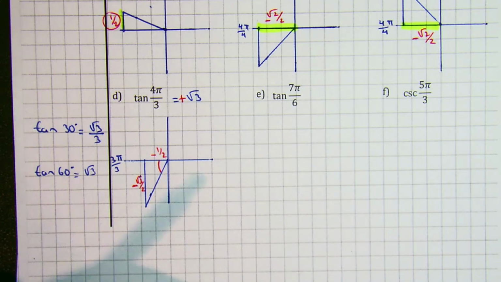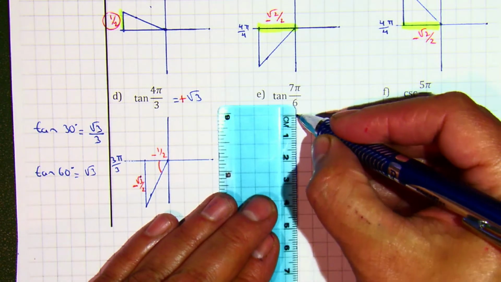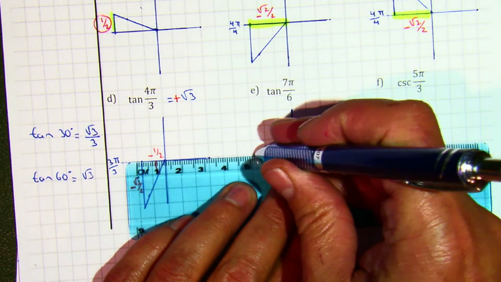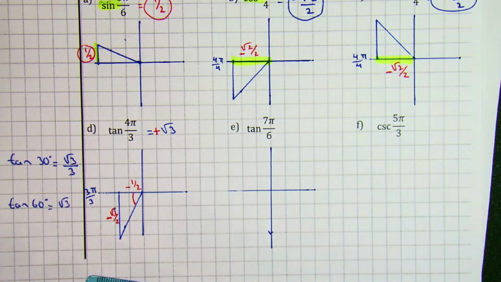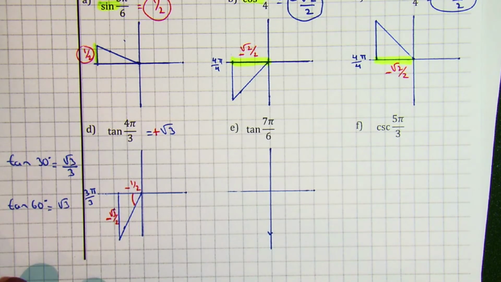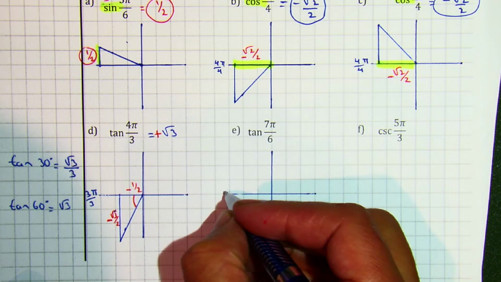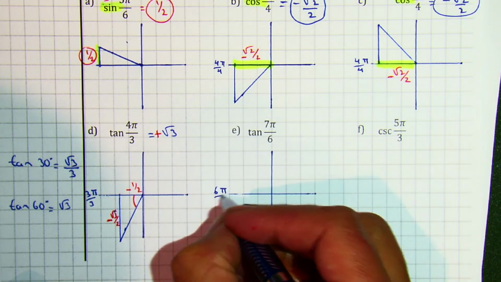Tangent of 7 pi over 6. First, I need to be able to locate where my angle is. Seven pi over 6. Well, I'm dealing with sixes, and I know that this is 1 pi, so therefore this is 6 over 6.